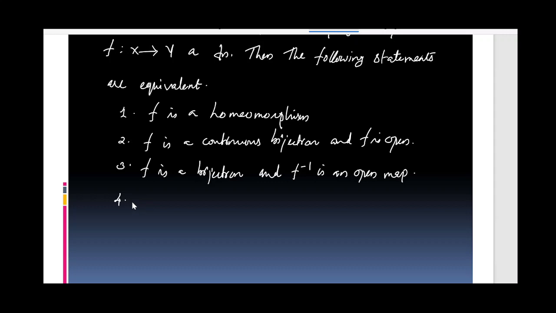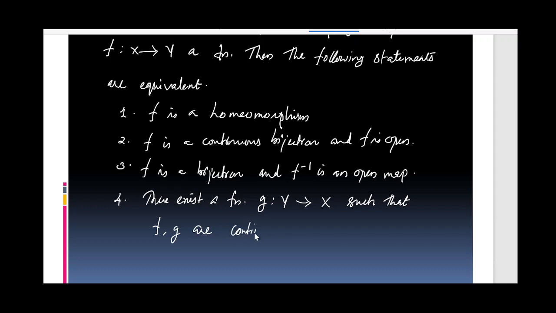And fourth one, there exists a function g from Y to X such that f, g are continuous and g composition f is equal to identity function in X and f composition g is equal to identity function in Y. So what was the homeomorphism?